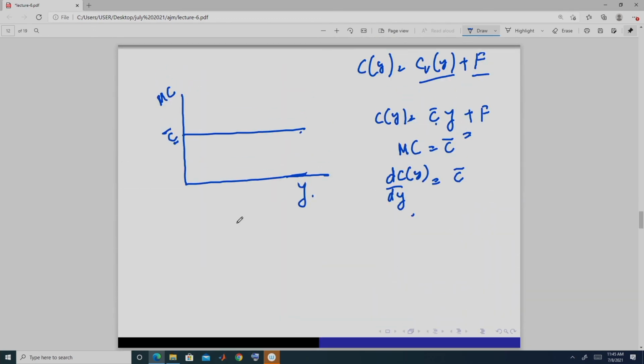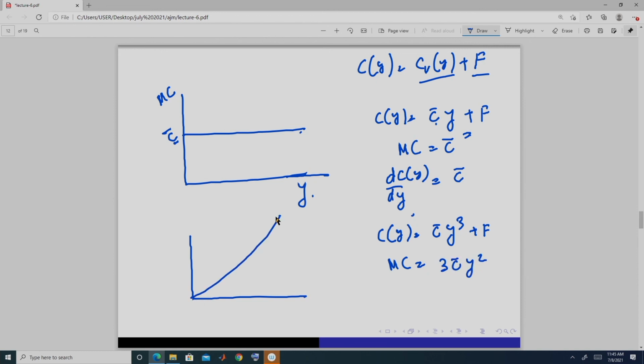Another form can be, if we take this, suppose this is this, then marginal cost is how much? So, it is upward sloping, this is the marginal cost.